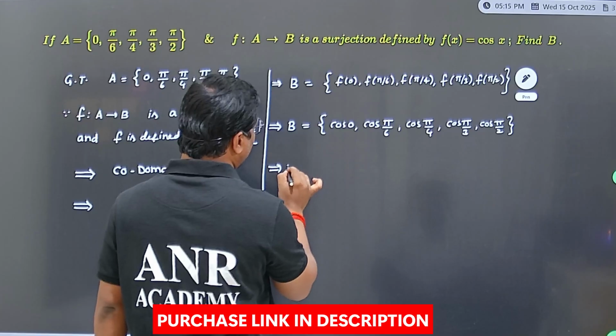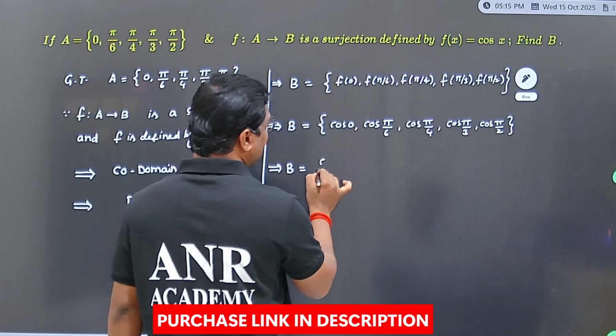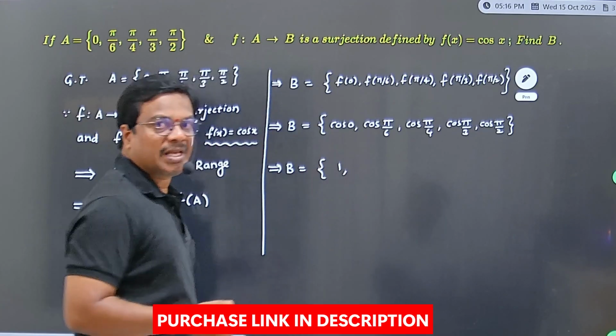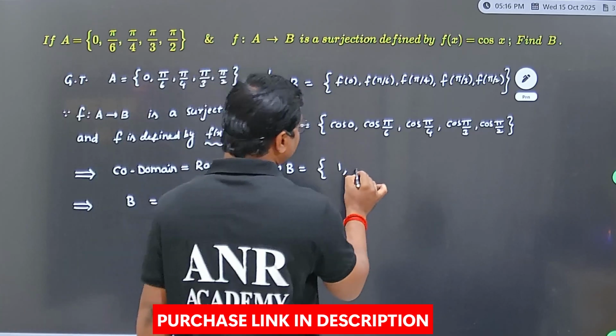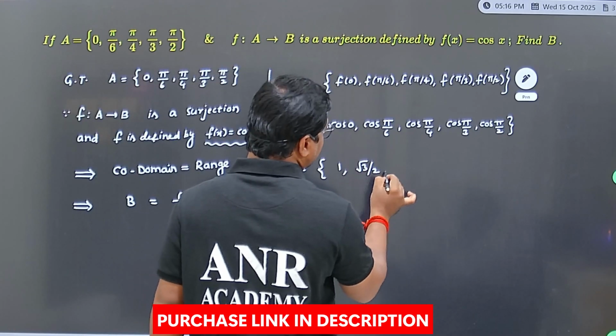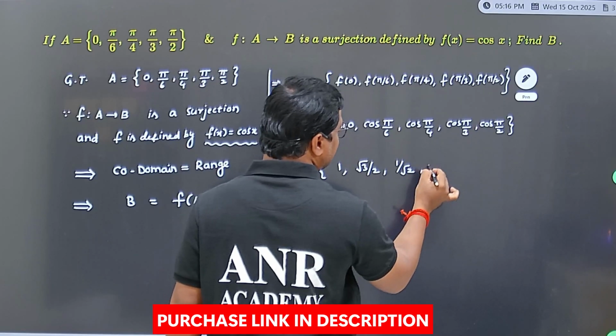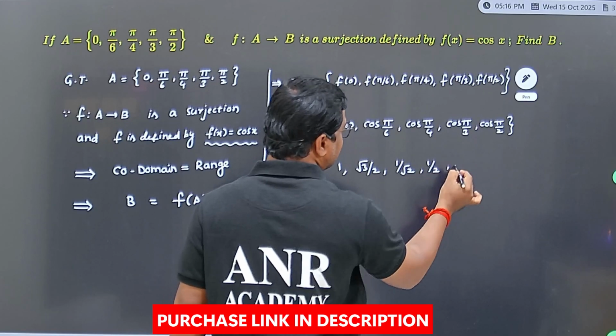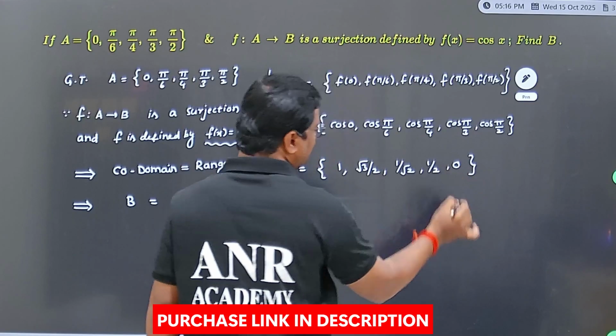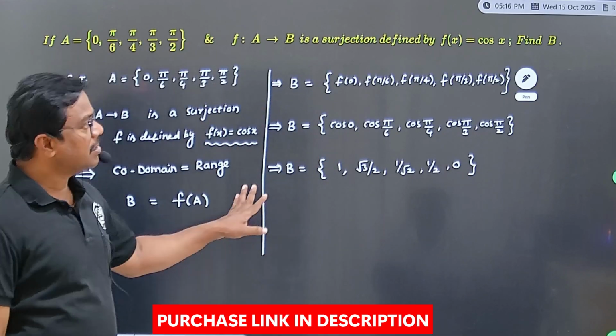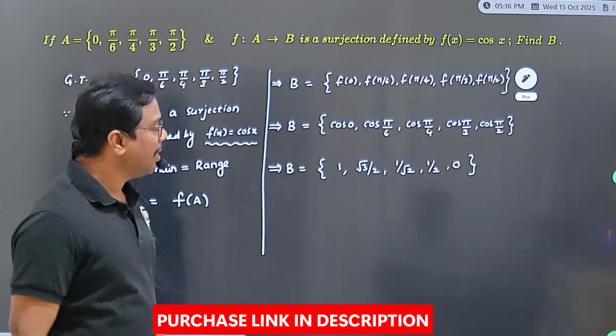And from this we can write capital B as cos 0 value 1, cos 30 root 3 by 2. Next cos 45 1 by root 2, cos 60 degrees that is 1 by 2, cos 90 0. Therefore, this is the set B.